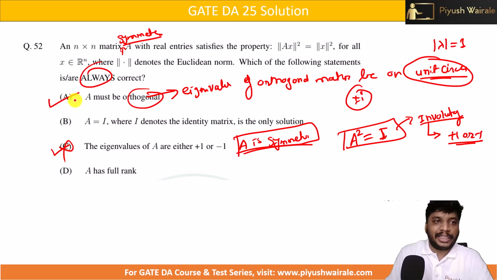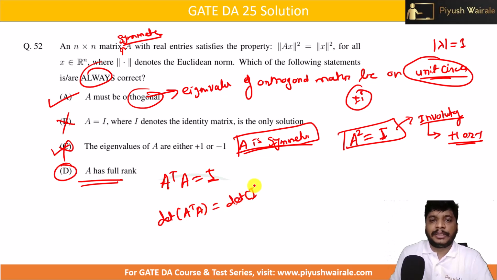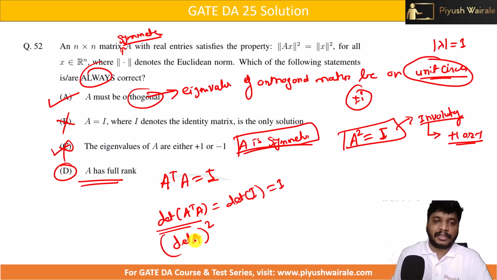So as of now, only option A is correct, not B, not C. What about D? A has full rank. Now we know that A transpose A equals I. So if I take the determinant on both sides, determinant of A transpose A equals determinant of I, which equals 1. But determinant of A transpose A is determinant of A whole square, by the property of determinants, which equals 1.